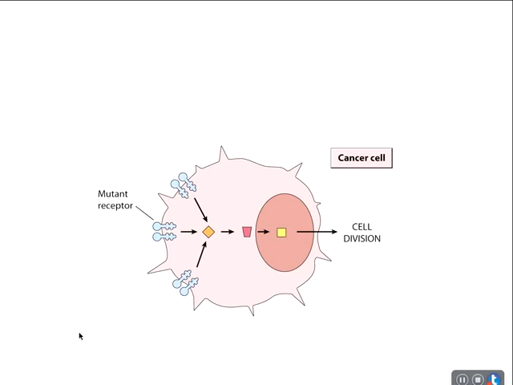Or it would be totally autonomous. It doesn't even care about growth factor. If it had its receptor mutated, it would be totally autonomous and not worry about signaling from a growth factor. Or totally independent. Which essentially means it's going through cell division much faster than it should. It's not listening to the normal system that's set up through growth factors in this signaling cascade.